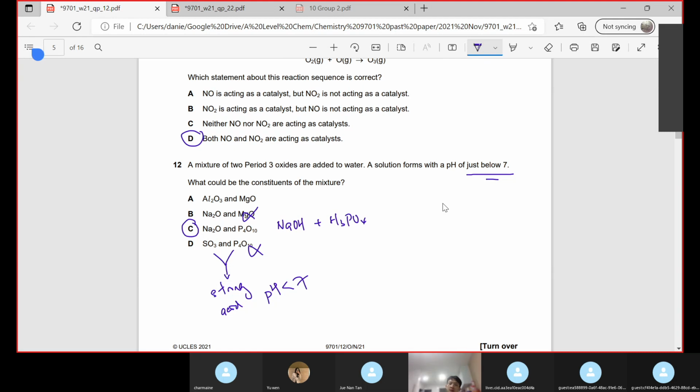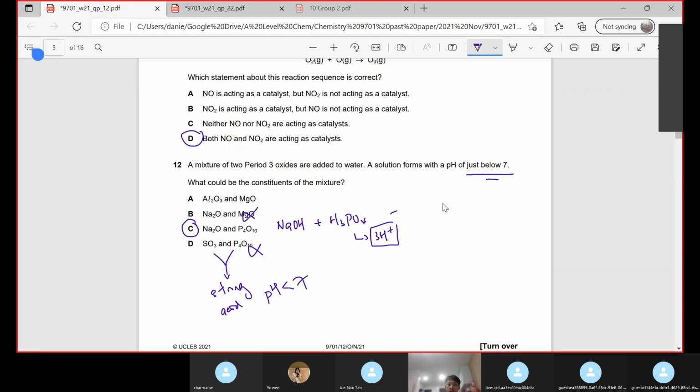Okay, for the phosphoric acid, we say it is a triprotic acid. It can release 3 hydrogen ions per molecule. Okay, 3H+. But only the first H+ released by the H3PO4 is a strong acid.